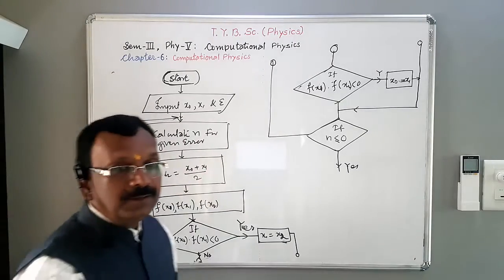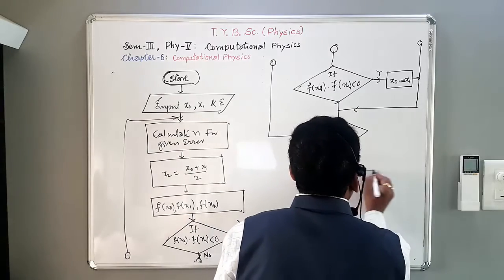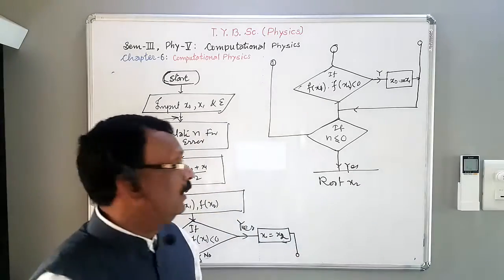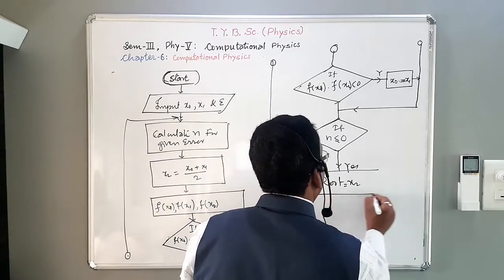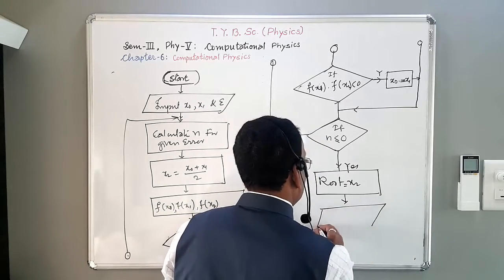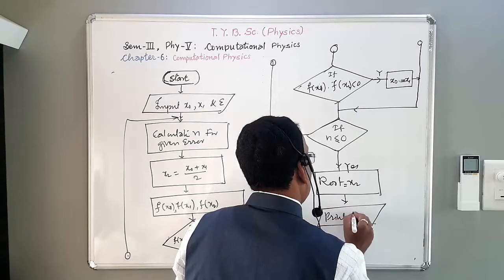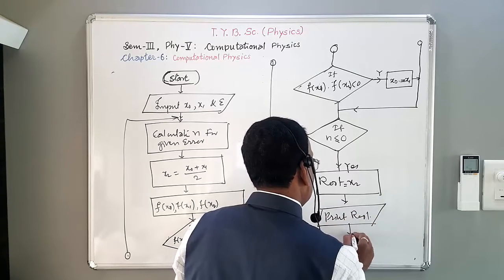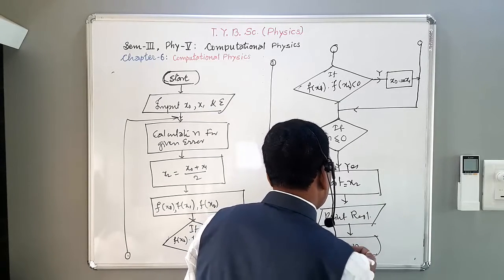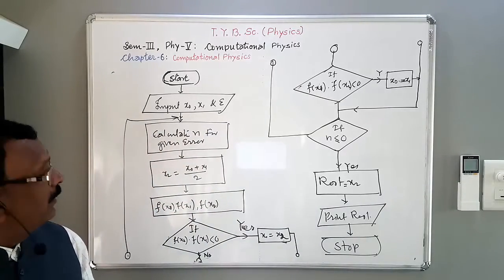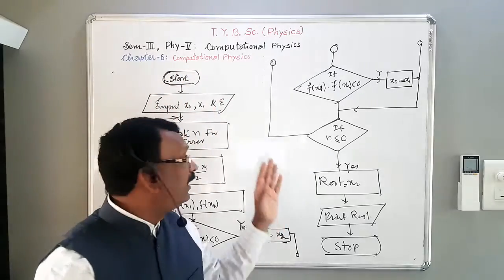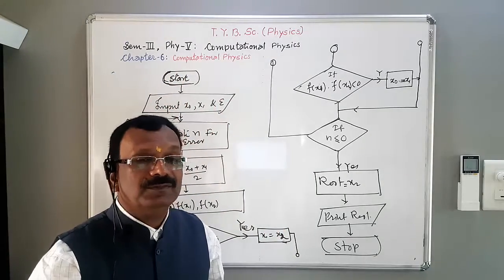Then after that we have to calculate the root x2. Root is nothing but x2, and in step number 8 we have to print the value of root, and in step 9, the last step, we have to stop. See here, this is the flowchart, and a flowchart is nothing but the pictorial or graphical representation of an algorithm.